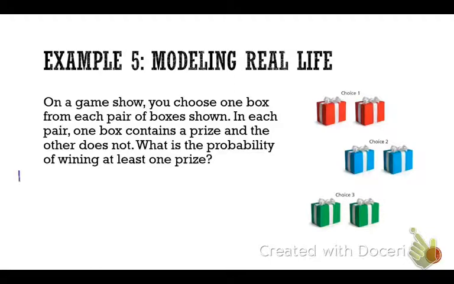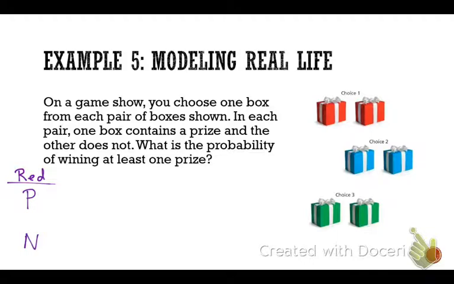I'm just going to start with the top one with the red. And in the red presents, I have one that has a prize and one that does not have a prize. So I'm just basically choosing letters that would stand for that, prize and no prize. I may run out of room. We'll see how this works.